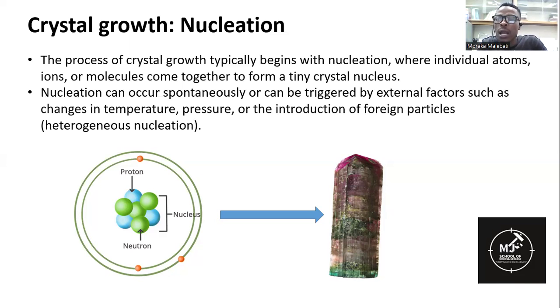You are clustering the individual atoms, ions, molecules, and many other components within that particular environment from which a crystal would form. When you cluster these individual components together, you form a tiny crystal nucleus.